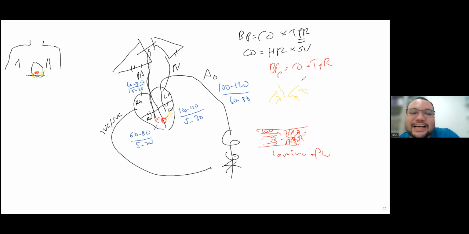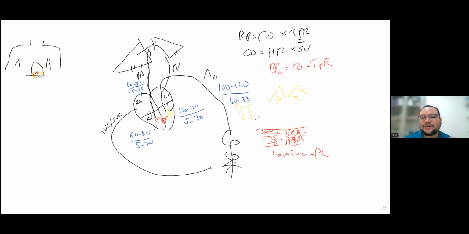What causes the second heart sound? Closure of the semilunar valves, the aortic and pulmonary. When your ventricles relax, the valve is like this. When your ventricles relax, it creates reduced pressure below here and higher pressure above, so it pushes in and closes the semilunar valves.